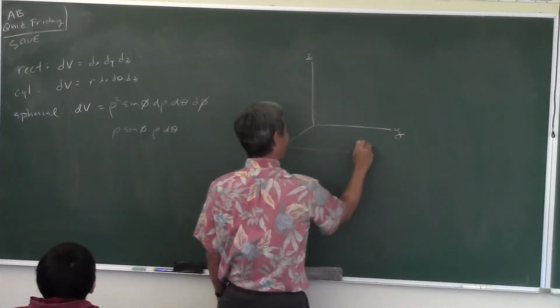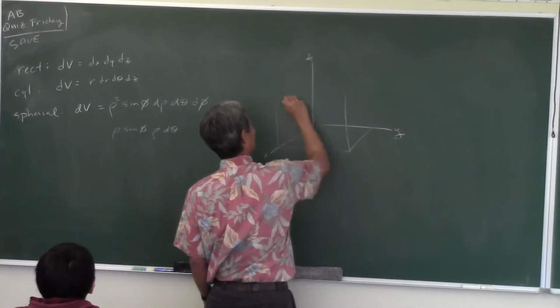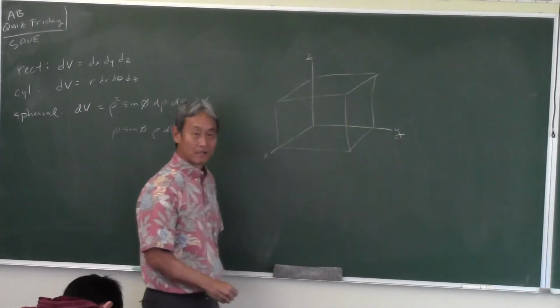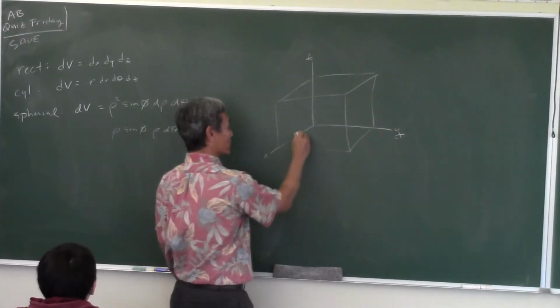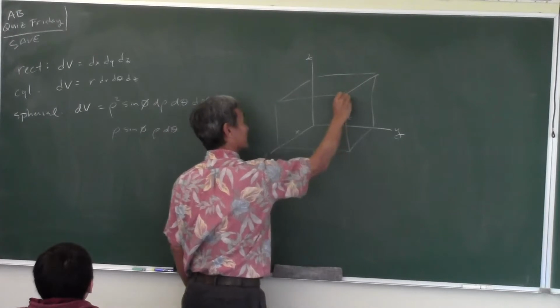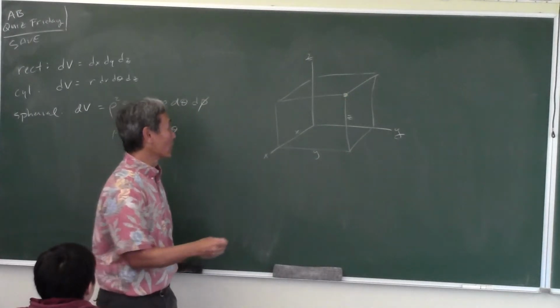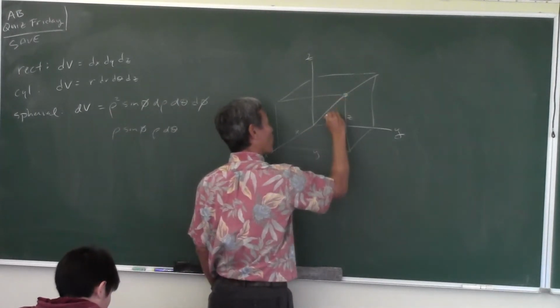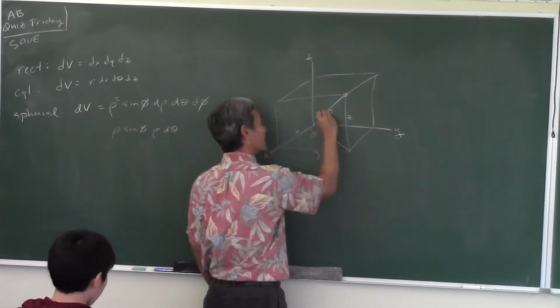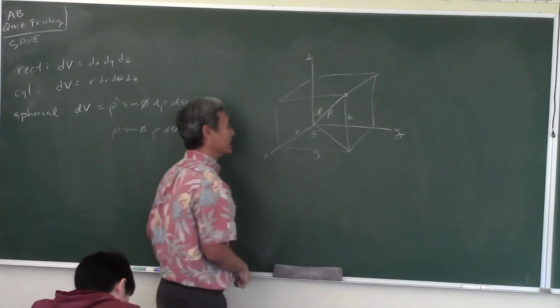If I draw a box like this, in the rectangular coordinate system you have x, y, z, right? But in the spherical coordinate system, you have rho, theta, phi.